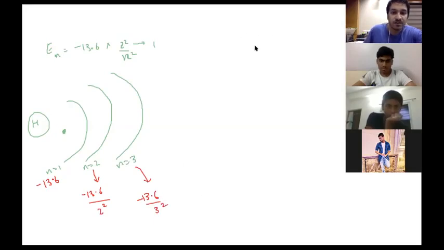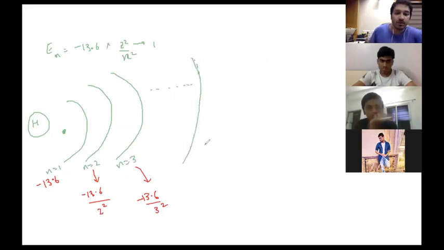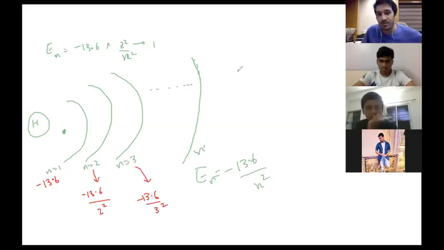So in general, if I keep moving to higher and higher orbits, I can have a general formula for the energy of the electron in that orbit. If I am at orbit n, then the energy of the electron at orbit n is going to be minus 13.6 upon n square. So that is what many questions have been based on. Instead of giving you minus 13.6, some questions tell you that the electron in the first orbit has some minus 50 arbitrary units.